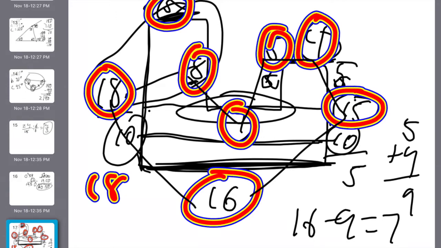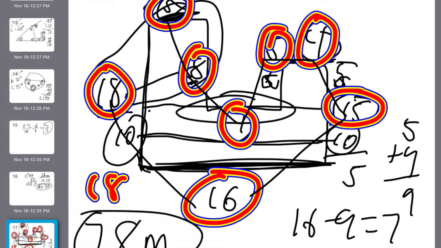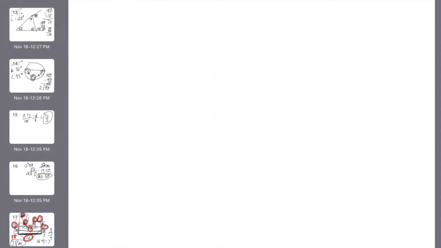And 73 plus 5 is 78. So I have 78 meters. That is a problem and a half, 6th grade. They're going to start to give these a few more times. Awesome.